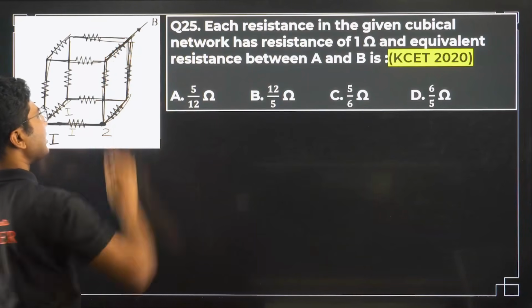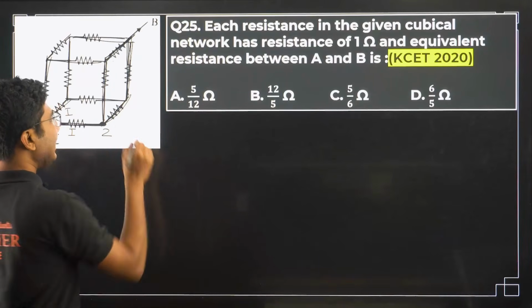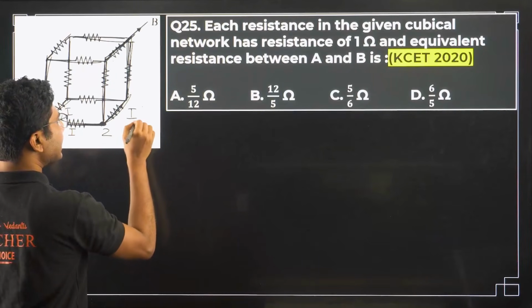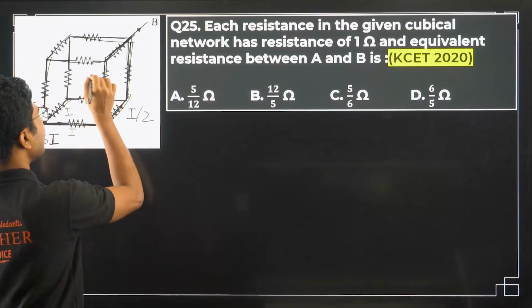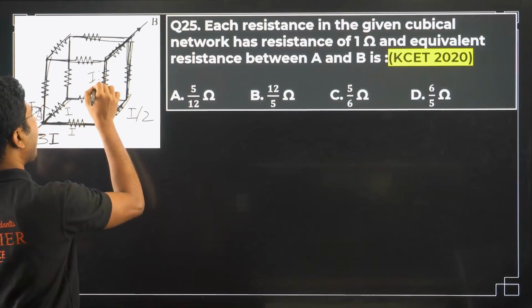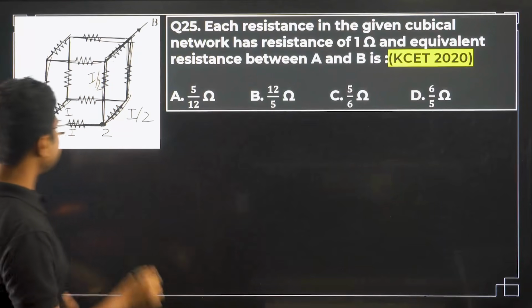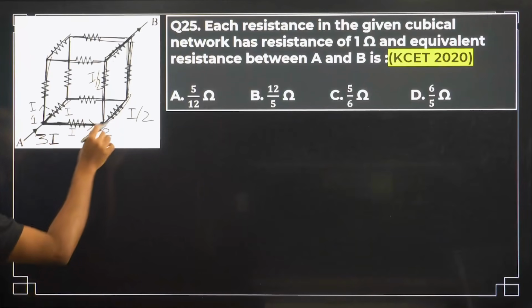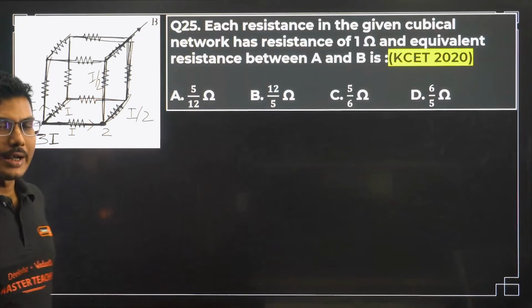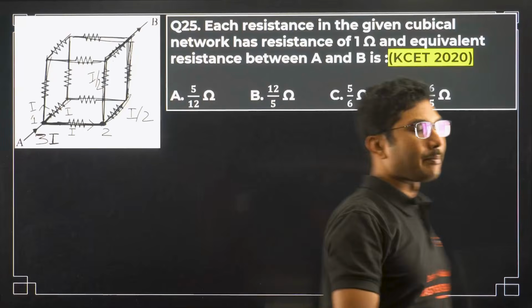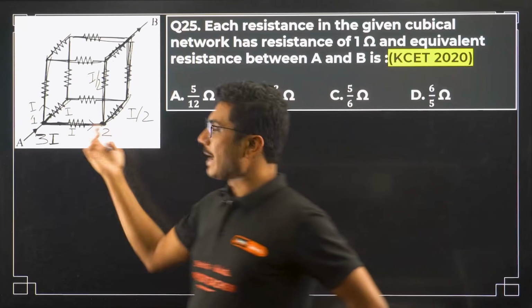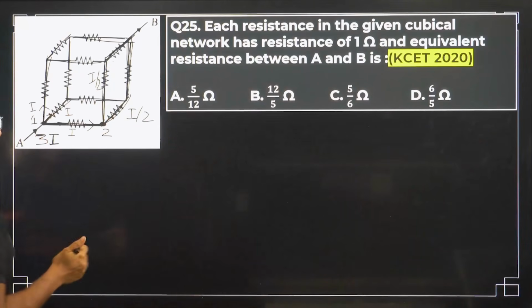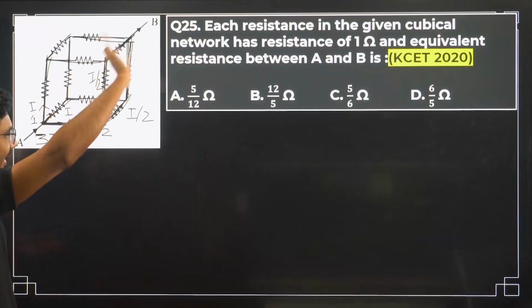Equiresistive means the current will be distributed equally. So I current is getting in, and the output will be I by 2 and I by 2, so that when you add them back you get the old current back. This is simple.